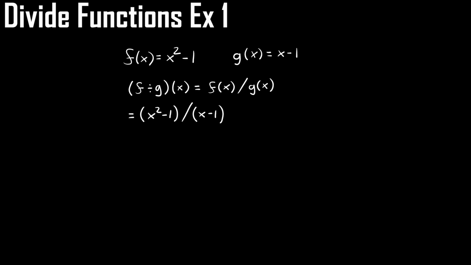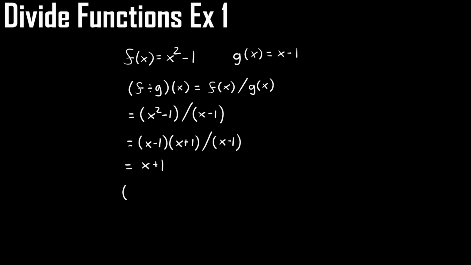We'll start by factoring the numerator. So this will become x minus 1 times x plus 1, divided by x minus 1. This simplifies to x plus 1 if x does not equal 1. So now we can test and evaluate it at a specific value. So we'll choose 2.